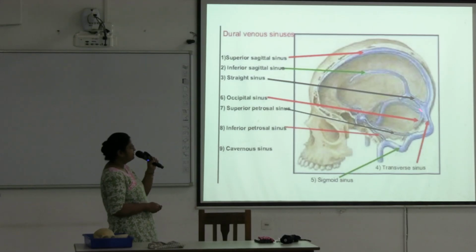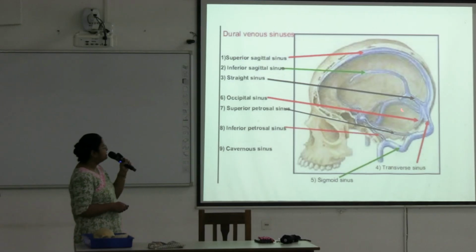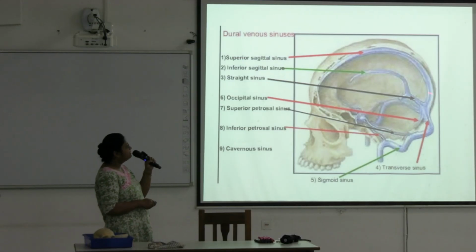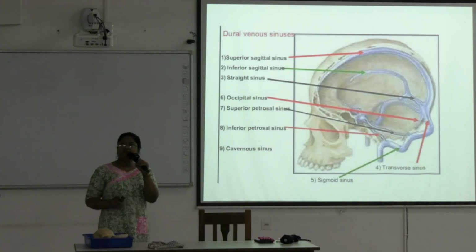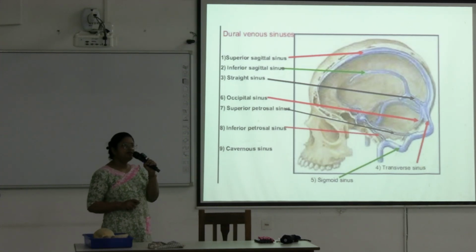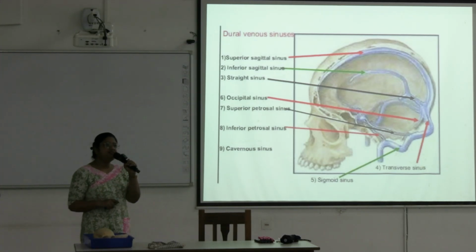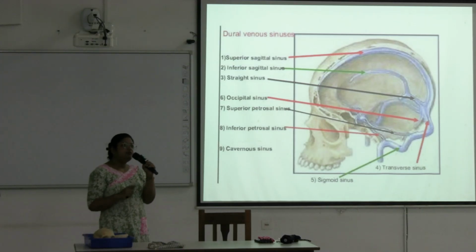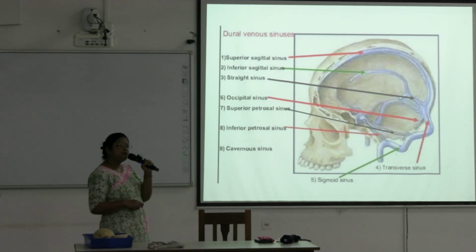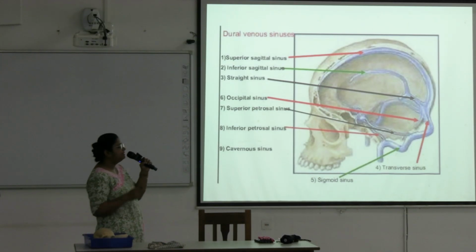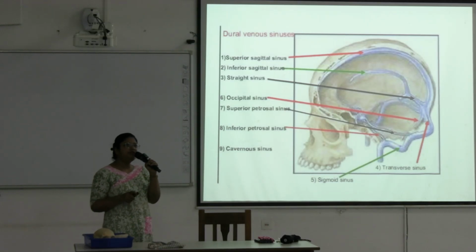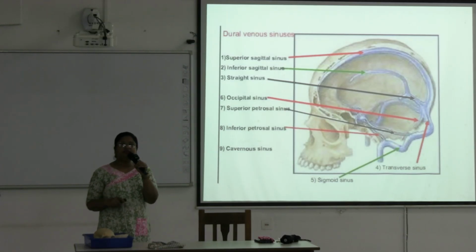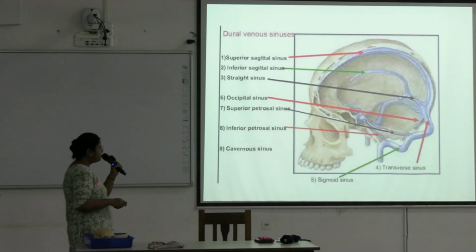At this place, two transverse sinuses, straight sinus and the superior sagittal sinus are meeting. So this point is known as confluence of sinuses. Very frequently asked in your viva, what is a confluence of sinuses? Here, at the internal occipital protuberance lies this confluence of sinuses.